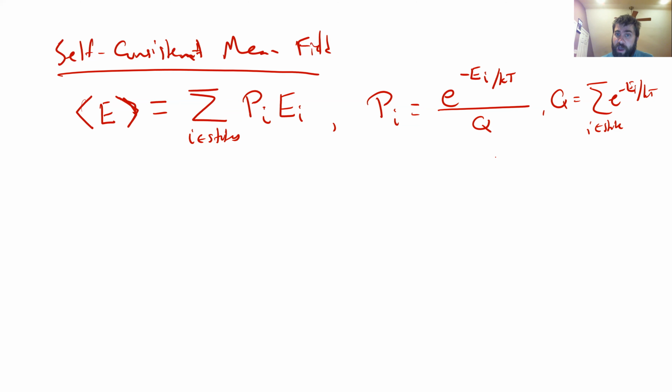Remember, why do we get these probability distributions? This particular set minimizes a free energy, right? An energy plus entropy.